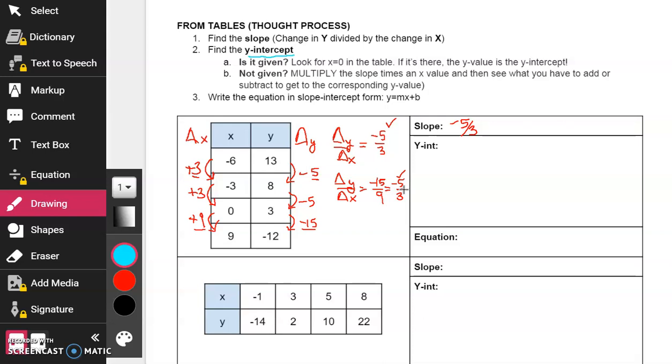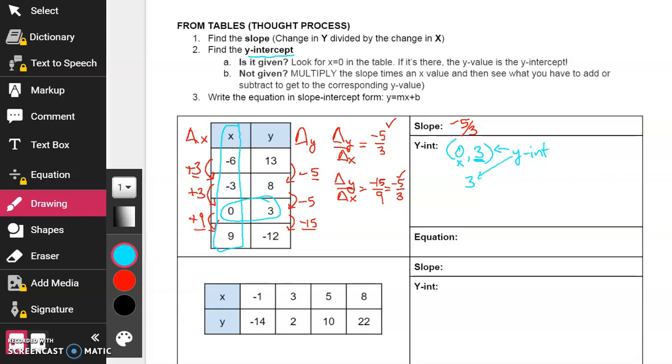So we look at these x values right here, and we're looking for 0. If there's a 0, woohoo! And look, guys, there is. This is a celebration. That point right there, where x is 0, that number is the y-intercept.